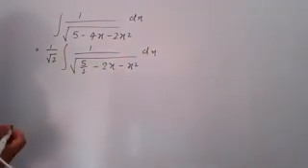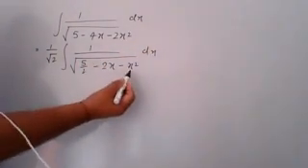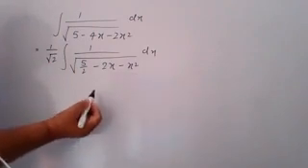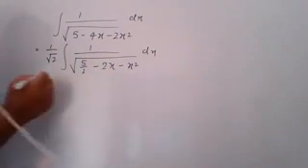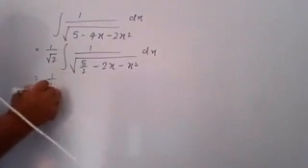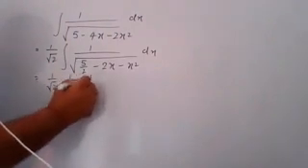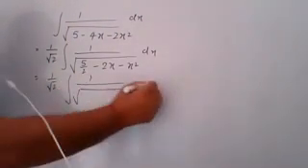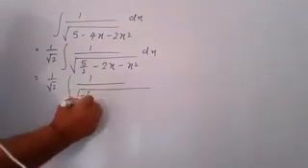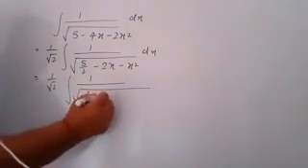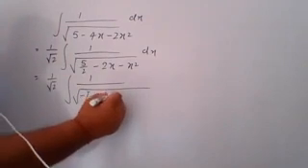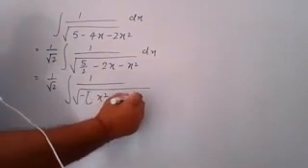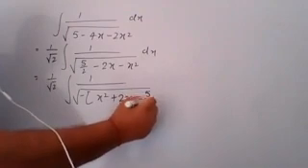Now here you see that your square term is negative, so you have to take minus common within root. So 1 by root 2 integration of 1 upon under root, here you take minus common within root, so it becomes positive. So you write x square plus 2x minus 5 by 2. You can write in this way.